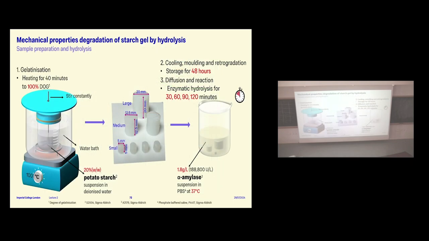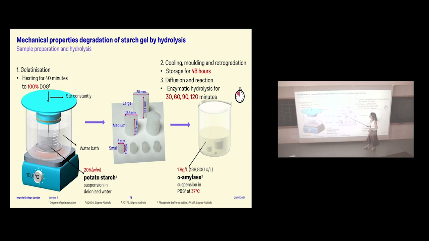Right, so how we're going to do this chemomechanical model. Here I've got some slides on the study that's going on at the moment on just pure starch gels. So we take starch, I think it's potato starch, with water. We stir it, heat it for 40 minutes until it gets 100% gelatinized.